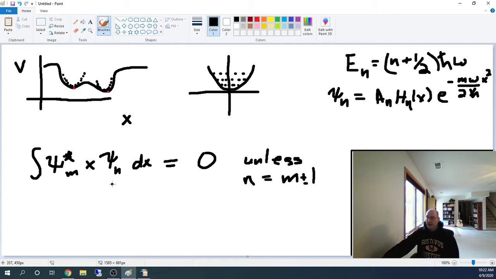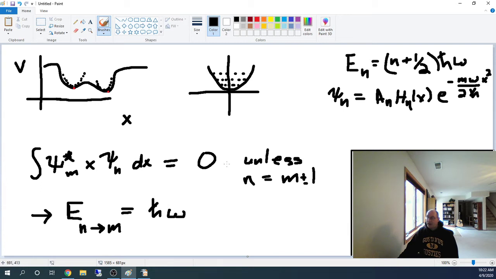Okay, so what we then see is that this shows that the energy in transitioning from state N to state M, the energy that must be given to the photon in that process, is equal to h bar omega.